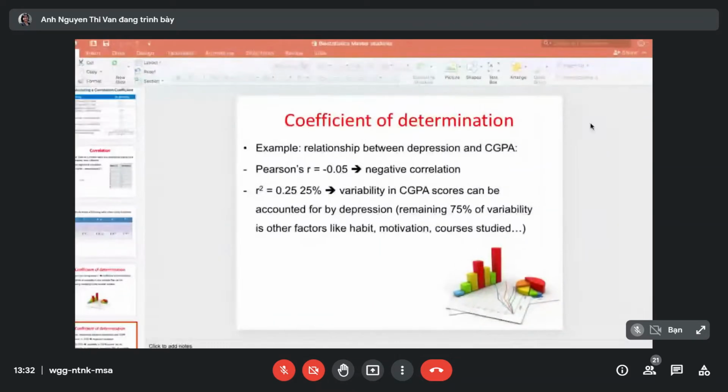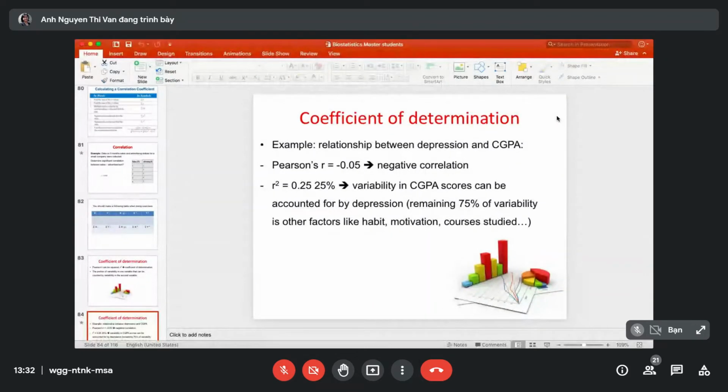Okay, so we are talking about the Pearson's correlation coefficient, the R value. You can see here the R value is very small. It's very close to 0. So you can say that if the linear correlation exists, it's very poor. The correlation is very weak.